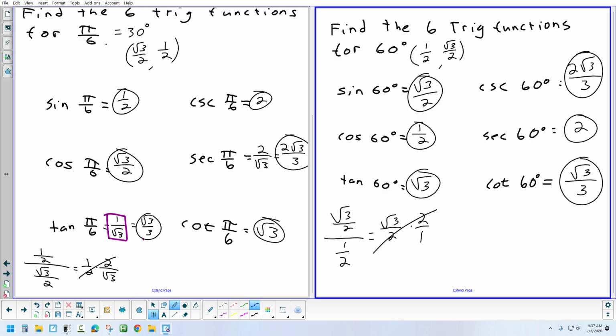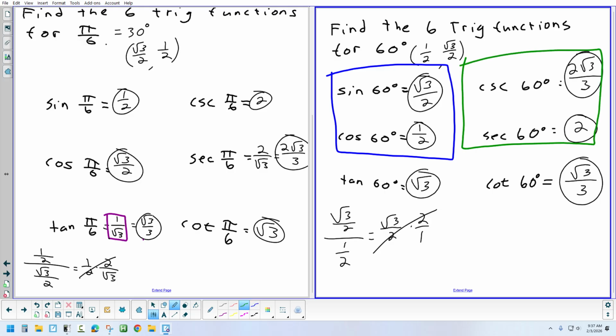So if I put a box around which ones changed places? Those two changed places between the problem on the left and the right. These two changed places. And those two changed places. Those are the answers that switched between the left and the right problem.